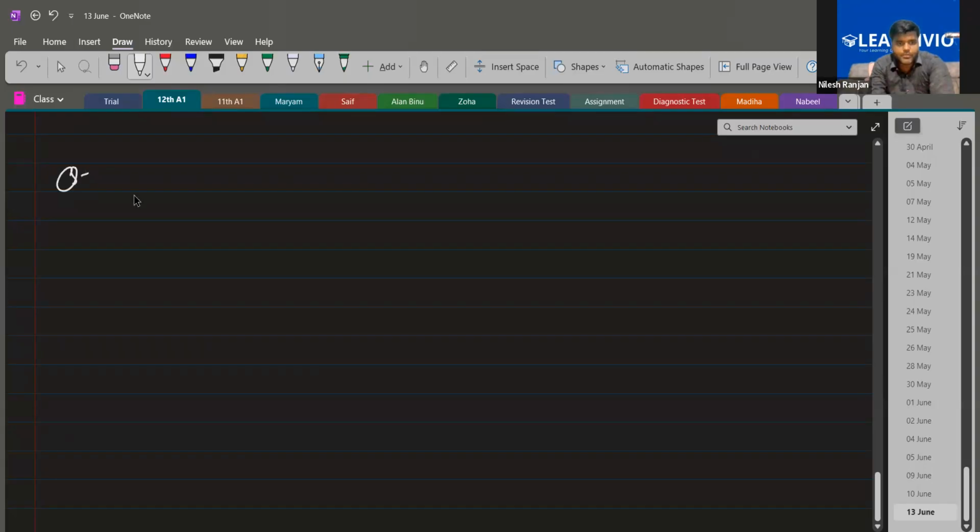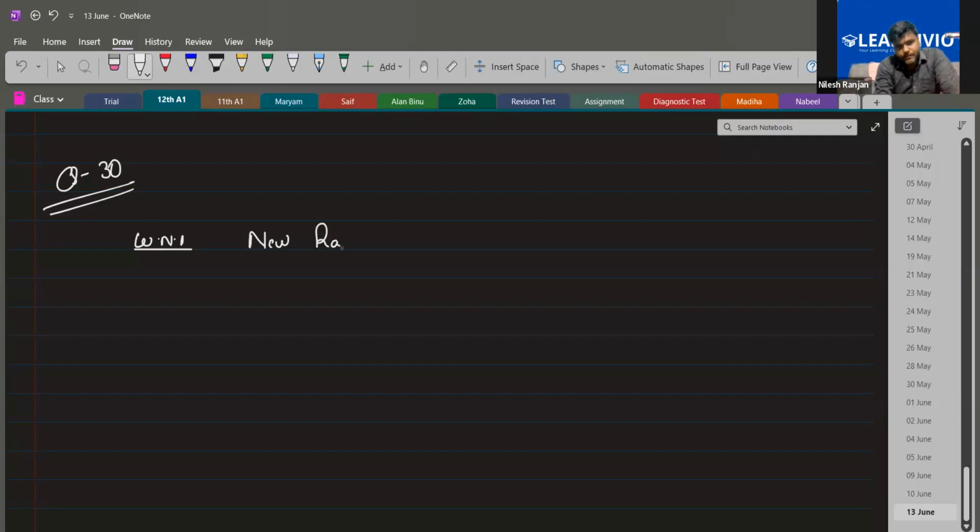Question number 30. So, working out the new ratio. This is the first case of new ratio. So assume total profit share as 1.